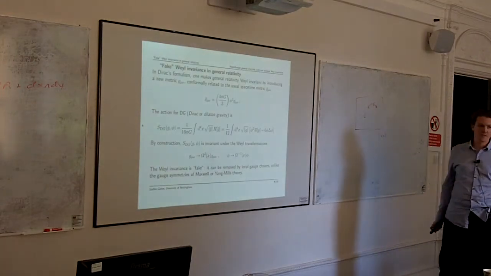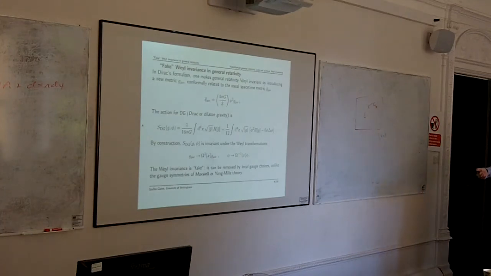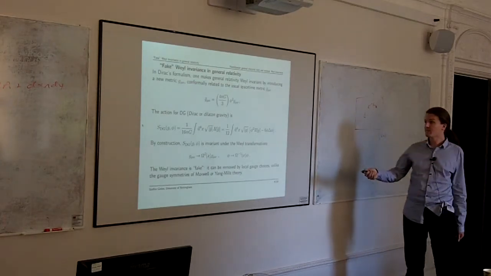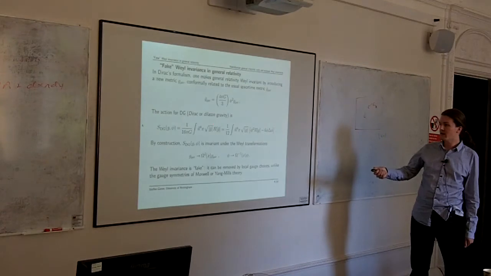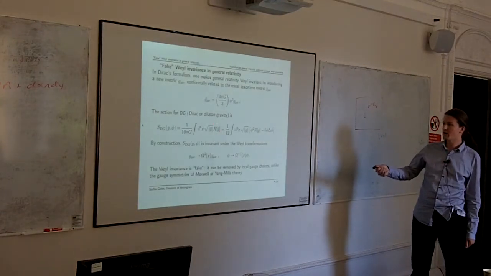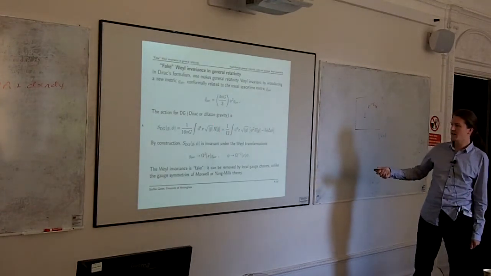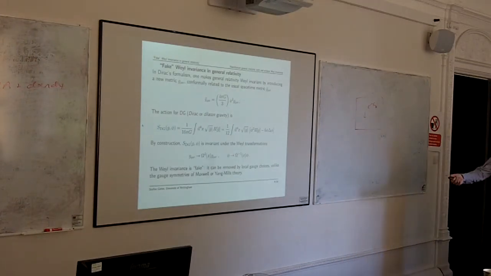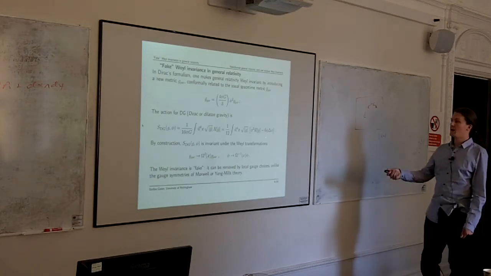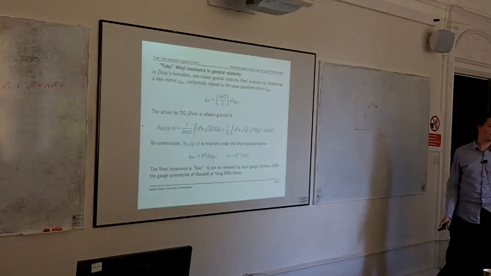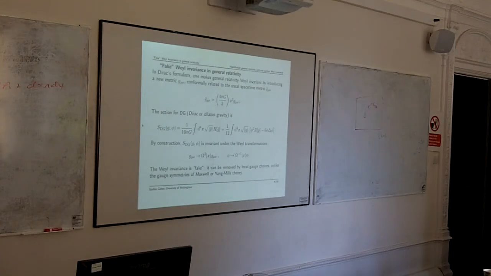And in fact, you can just substitute this into your Einstein-Hilbert action, and you obtain the action of what I call DG. So this is again Dirac or dilaton gravity. So this is your Einstein-Hilbert action written in terms of this metric g bar. And now if I just substitute this, I end up with this kind of action. So you have this coupling here between the Ricci scalar and phi. And then here you have a kinetic term, and the coefficients match just to give conformal invariance.